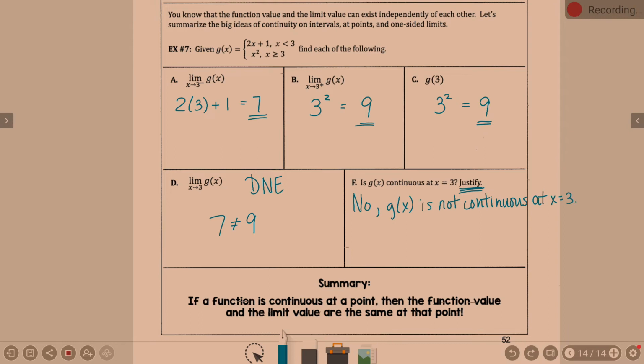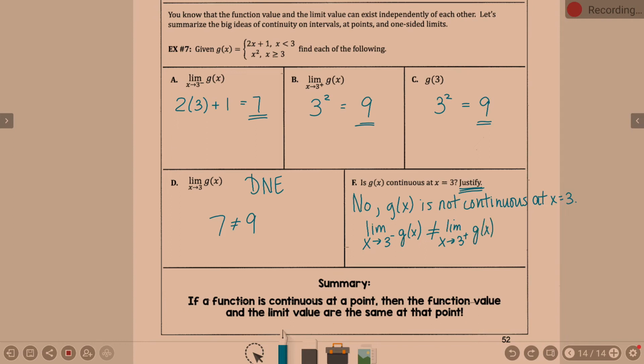What's my justify? Okay. There's 2 options I could go with here. The limit as x approaches, nope, it's positive 3, isn't it? 3 from the left of g of x does not equal the limit as x approaches 3 from the right of g of x.